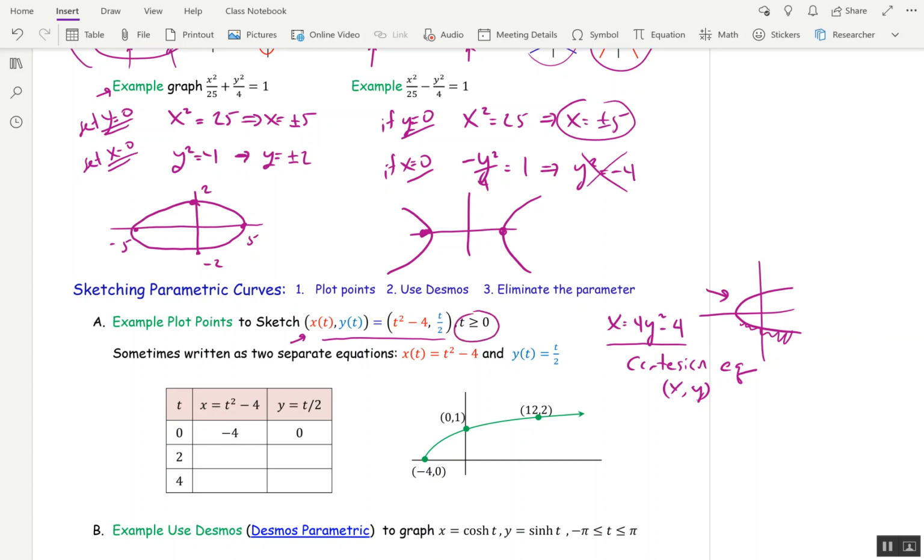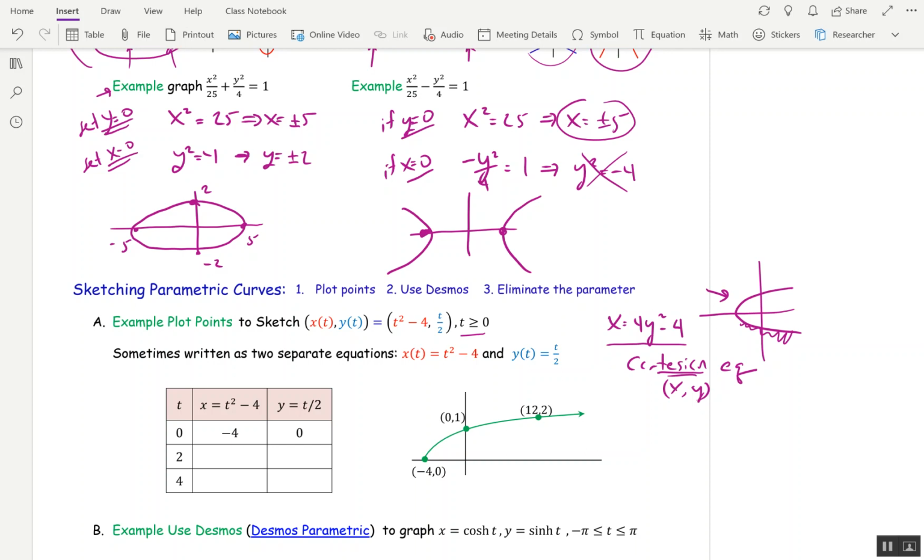We'll talk about, in a minute, how to go from a parametric curve to a Cartesian curve. But right now, let's just look at how to plot a parametric curve. The most naive way, and often the easiest way, is just to plot some points. For example, let's just pick some values of t.